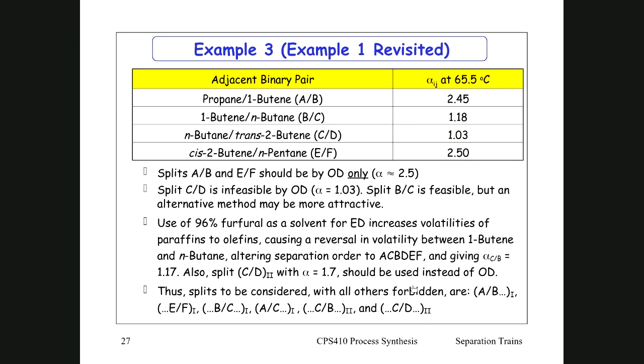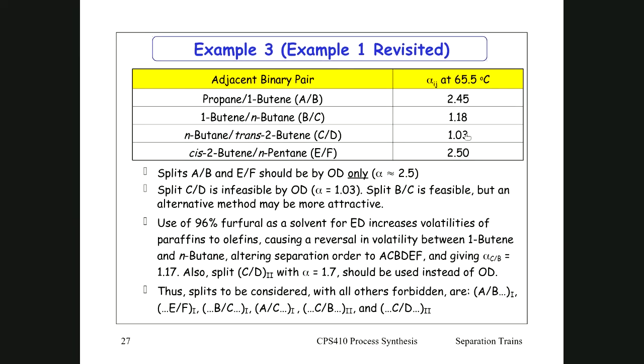So let's see what we can enforce as ordinary distillation in this system. Here are the adjacent binary pairs, the alphas, and that one you would obviously want to do ordinary distillation. And certainly this one is very easy to do ordinary distillation. So for those two separations, you'll always want to do ordinary distillation.